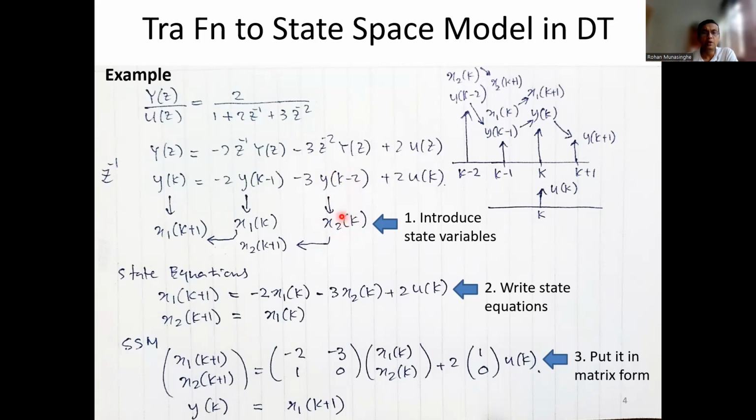The new variable has timestamp k, present time, and it is tagged to y(k-2). The moment we see x sub 2, we know that this is y(k-2). They are related.